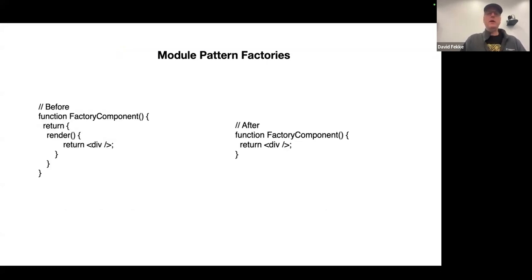It used to be that with that pattern you would do a return render in order to output your HTML. But they have modified it, so now you can just do return and then whatever the element or set of elements that you're returning. So they've simplified that with React 19.